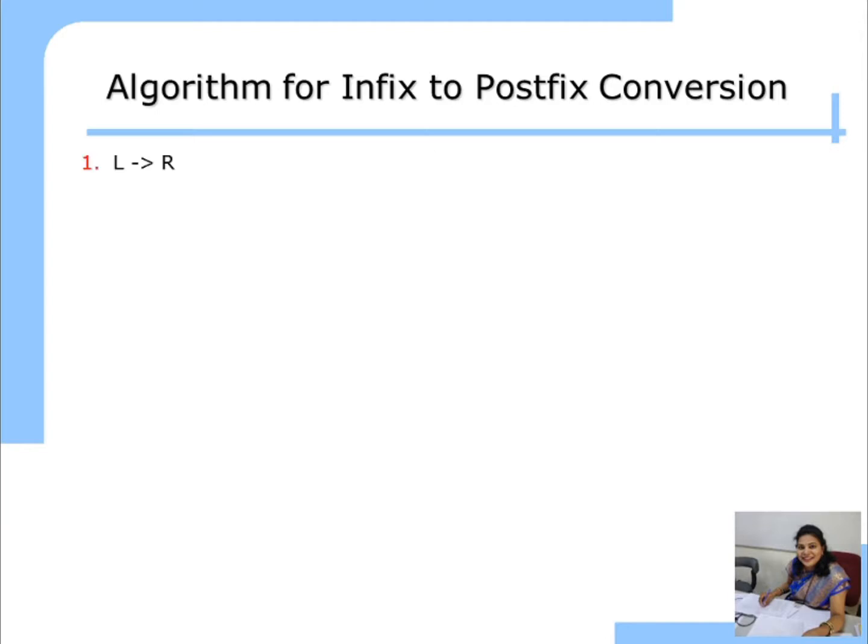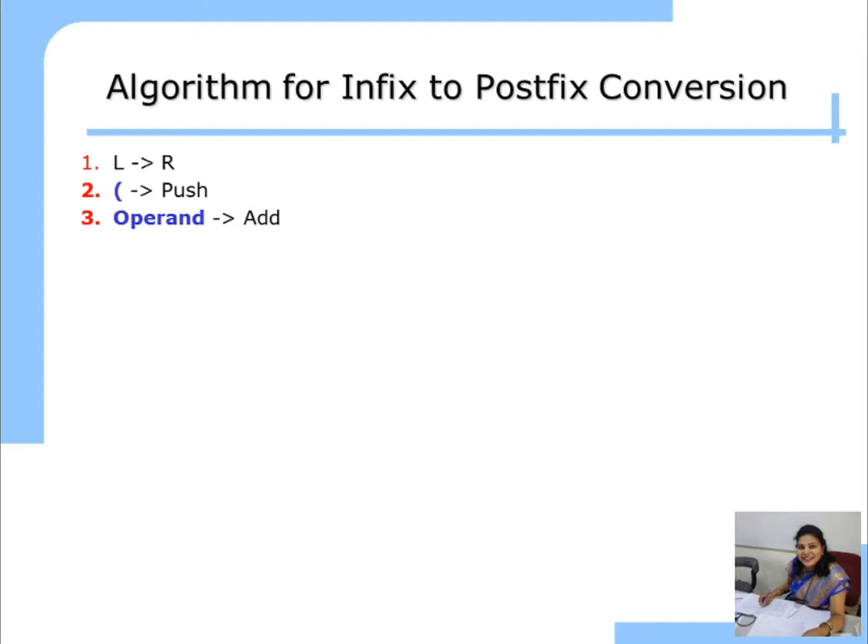Let us see the shortcut to remember this algorithm. The algorithm is the same. This is only a shortcut to remember it. The first step was scan the infix expression from left to right. The second step, the rule for the left parenthesis. If left parenthesis occurs, then push it onto the stack. If operand occurs, then add.